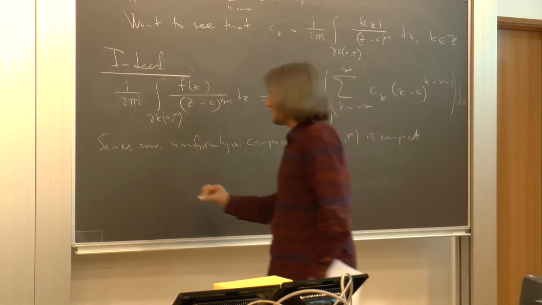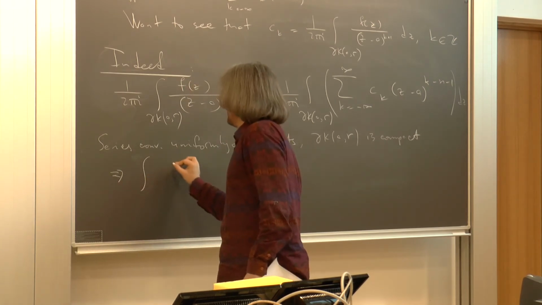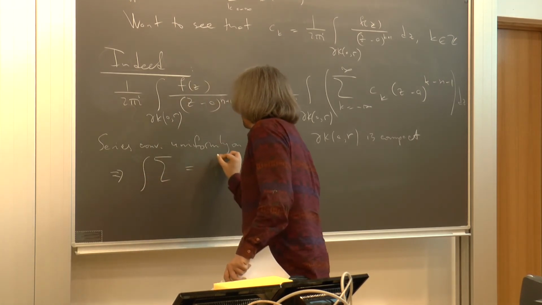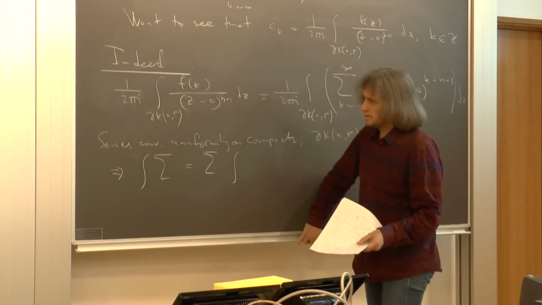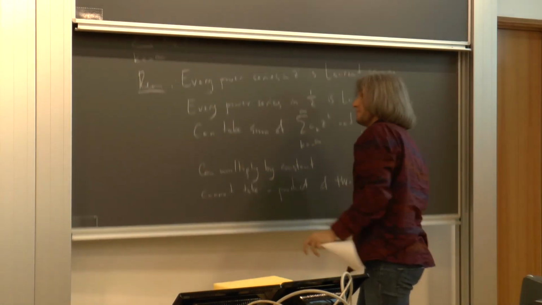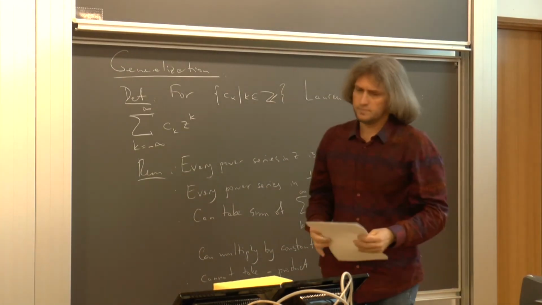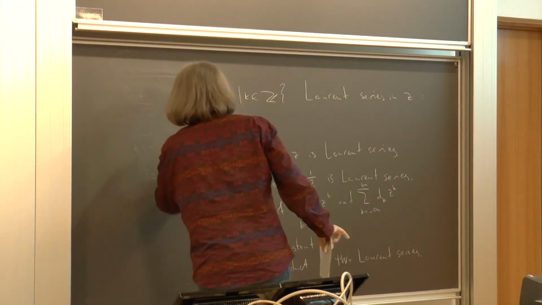So this is the standard trick in this story. So we can rewrite the integral of the sum as the sum of the integrals, and let's see what we get. So we can treat every summand separately.